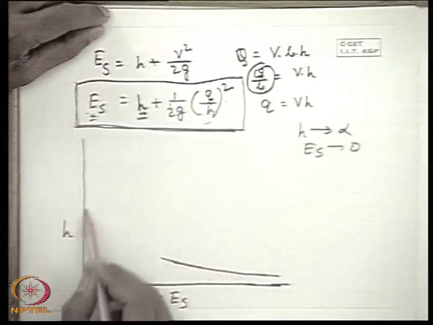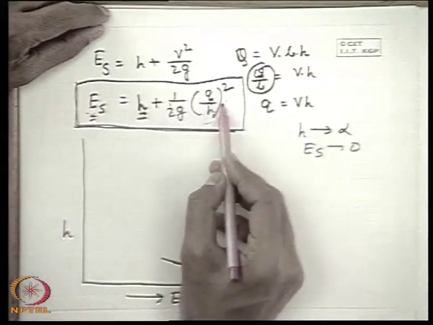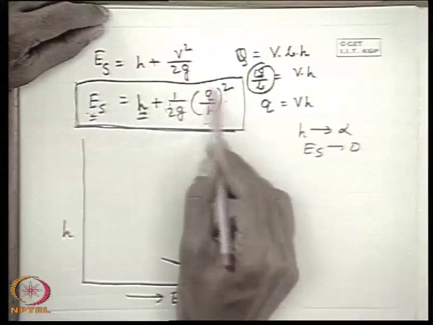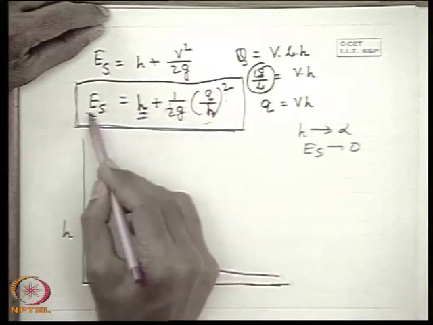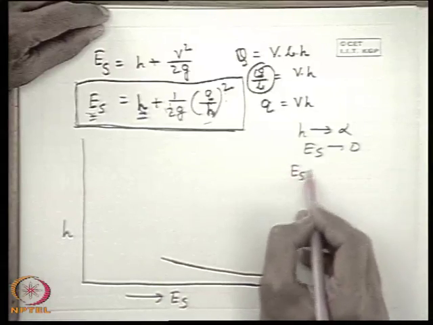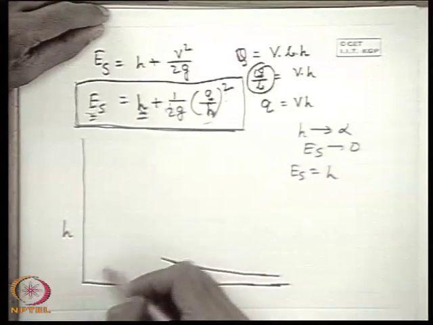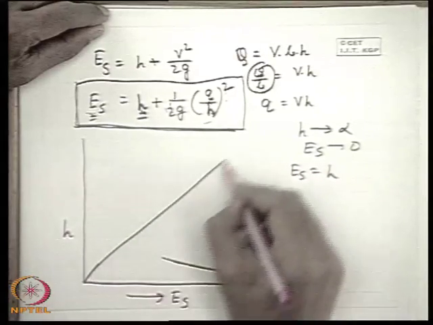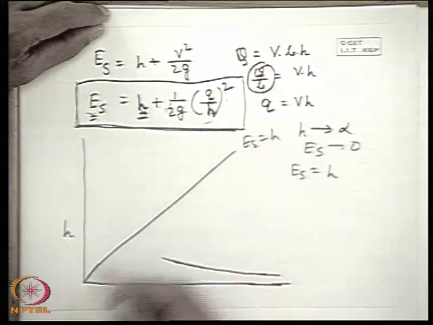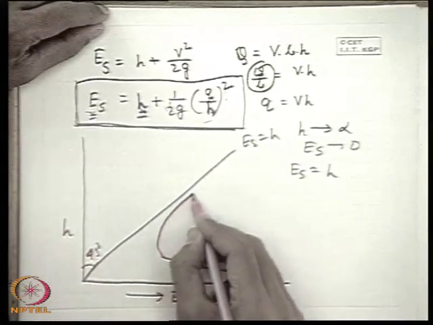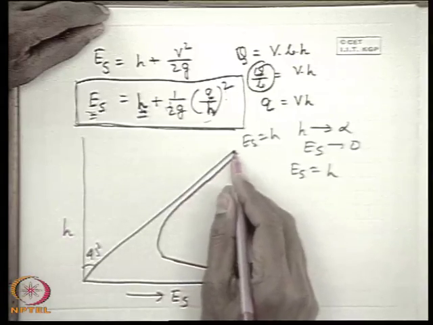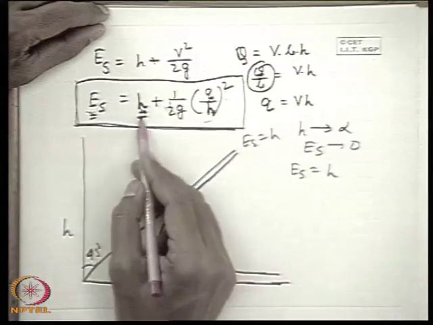But for higher values of H, this term will be insignificant because it becomes smaller and smaller with H being higher and higher. So then ES becomes approximately equal to H. So it's linear with a 45-degree line. If we draw a line ES equal to H, at higher values the curve goes asymptotically to this line because the first term will dominate.